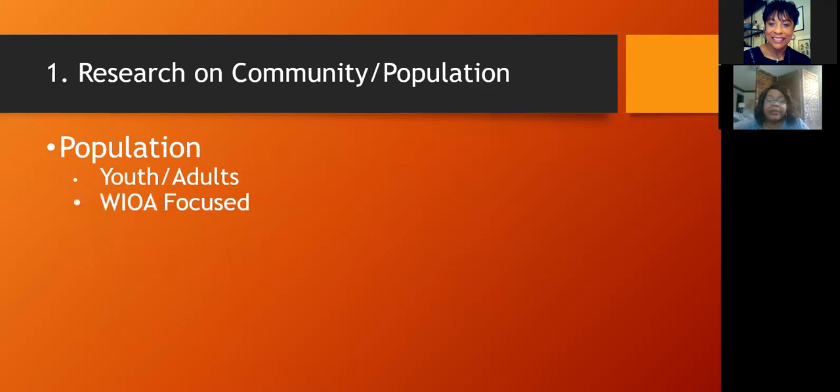The next aspect is WIA-focused individuals. So WIOA, we'll talk quite a bit about WIOA in our online course, but even here, WIA-focused population groups typically run into three factors. They are your adults, that being your low income and disadvantaged adults.